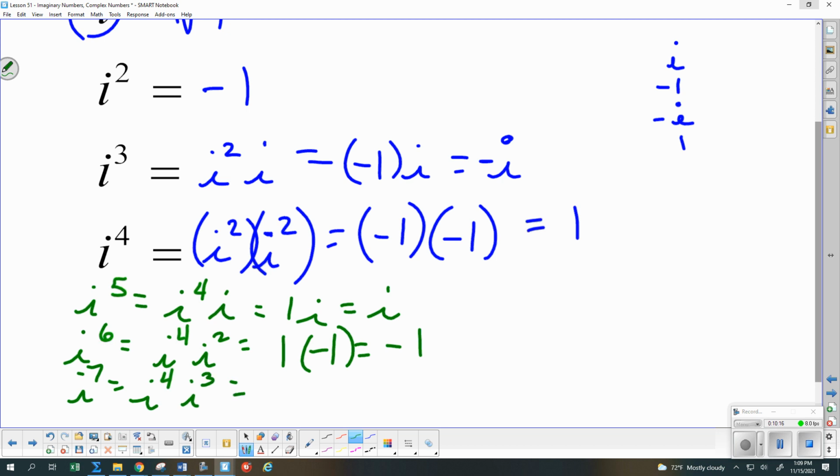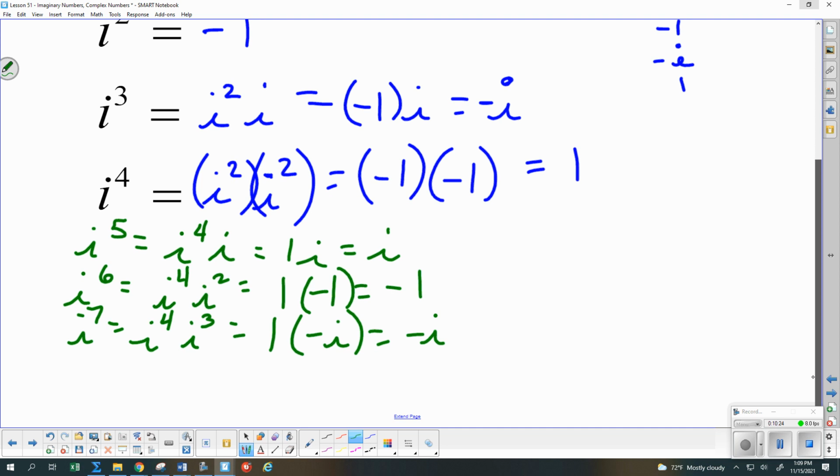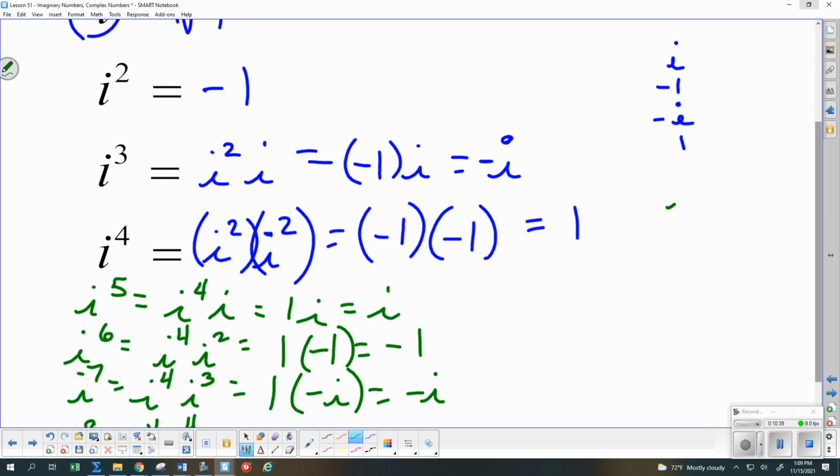What's i to the fourth? 1, and i cubed is minus i, so 1 times minus i is minus i. i to the eighth is i to the fourth times i to the fourth. But i to the fourth is 1, so I have 1 times 1 is 1. So my next 4 powers were i, minus 1, minus i, plus 1.